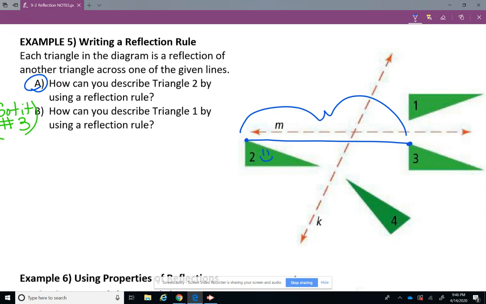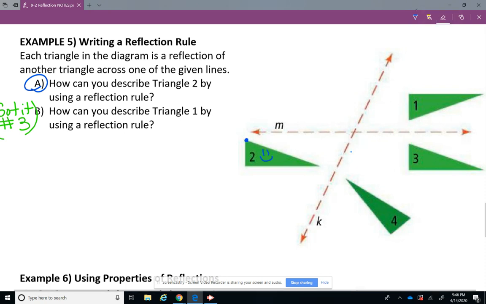Okay, and if it's being reflected over line K right here, you can look at it and tell that this little piece right here is in no way, shape, or form equal to this piece right here that I'm squiggling on. There's no way. So we know that that's not right. Plus, if you look at the orientation of 2 and the orientation of 3, they didn't change. We know when you're reflecting, the orientation is going to change. All right, so we know it's not 3.